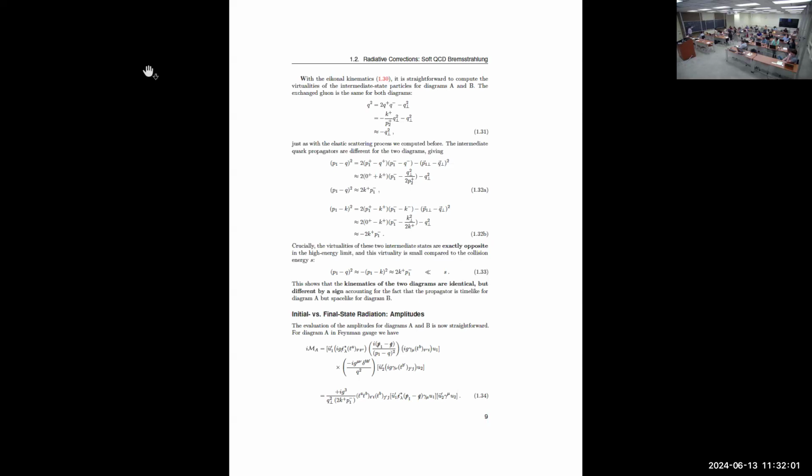And if it weren't for these color matrices, they would just cancel each other. So if I'm talking about QED with no color matrices at all, diagram A plus diagram B is 0. Working just to leading power in the center of mass energy, I get nothing.